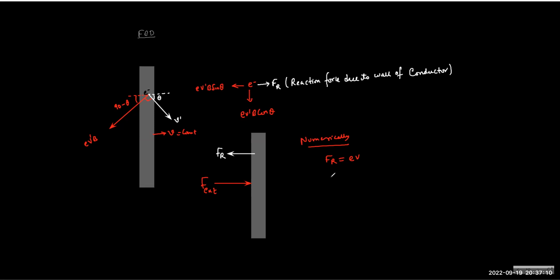Let's call it by a small symbol, small f, because I want to write f for one electron, and then we have to analyze for all the electrons in the part of the rod, right? So numerically we can say for each electron, the reaction force is eV'B sin theta, right?